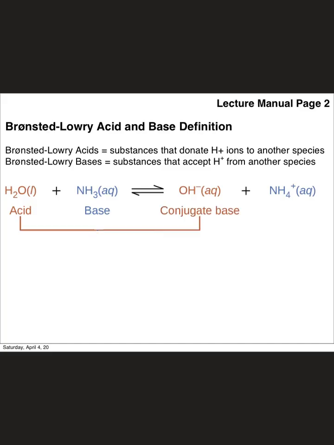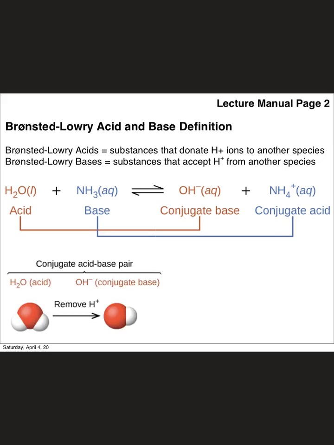Water losing a proton becomes hydroxide ion. We call hydroxide ion the conjugate base of water. And again, because ammonia behaves as a base and gains a proton from water, it becomes ammonium ion. We call ammonium ion the conjugate acid.